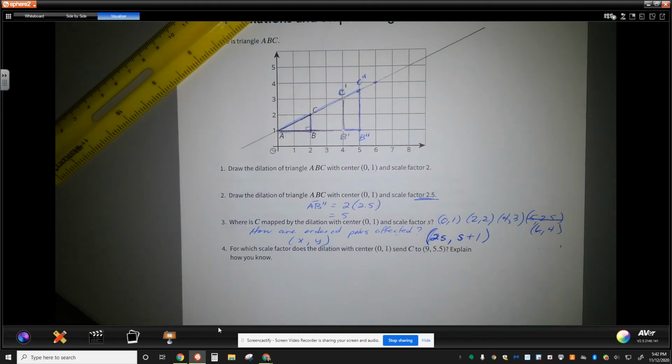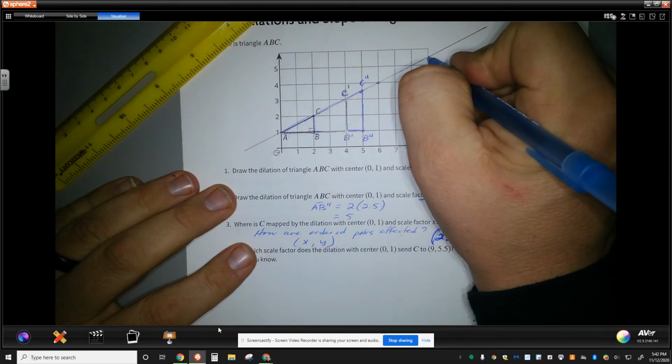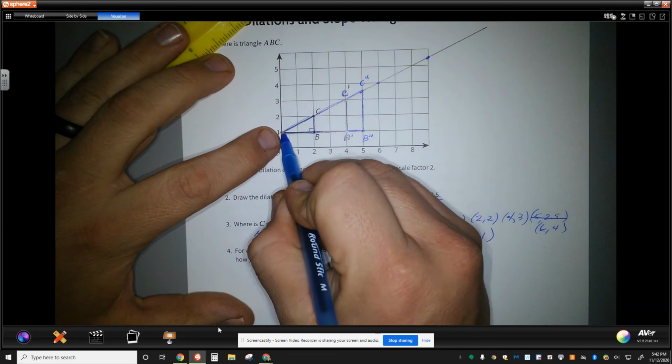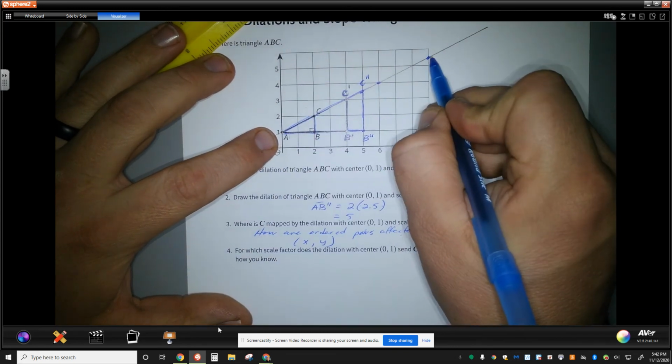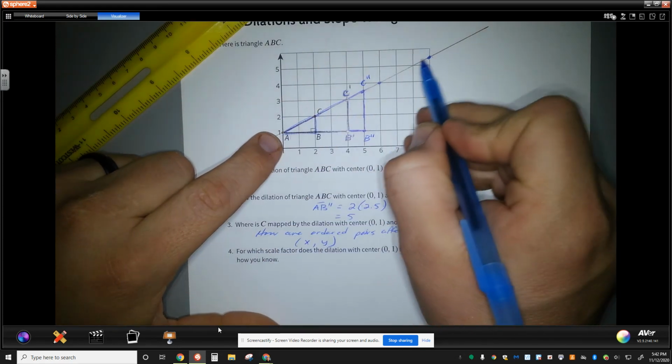So now with the question of this, for which scale factor does the dilation from center 0, 1 send C to 9 and 5.5? Well, we know that under dilation, we're going to have similarity. So the question is, what's the dilation from here out to here? I think probably our easiest thing that we can do is look at that and say, what scale factor takes this distance out to here?